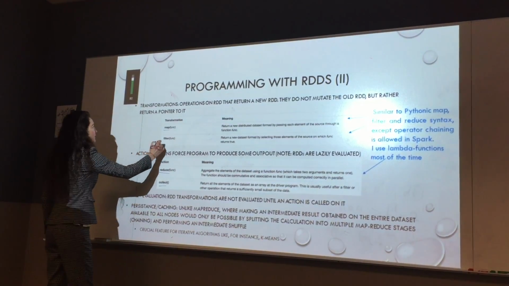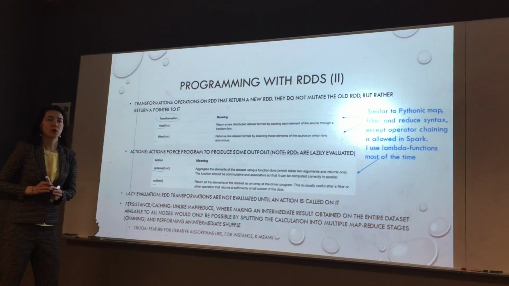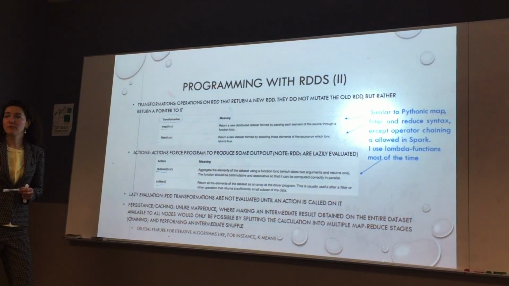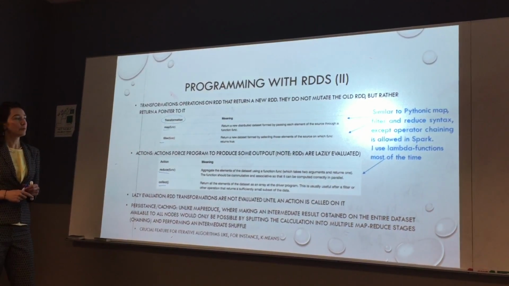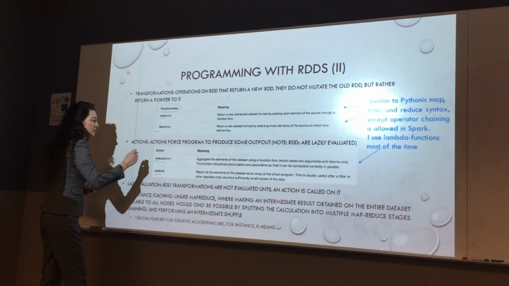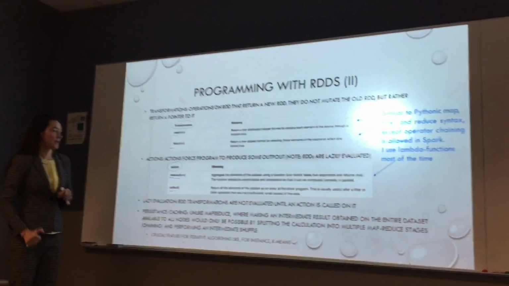Now, the difference here is that these are called transformations because they take the original data set, perform some function on it, and create a new data set. While these are called actions because they don't create a new data set. They take the original data set and do something to it.